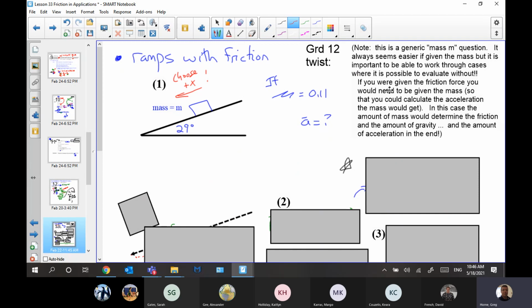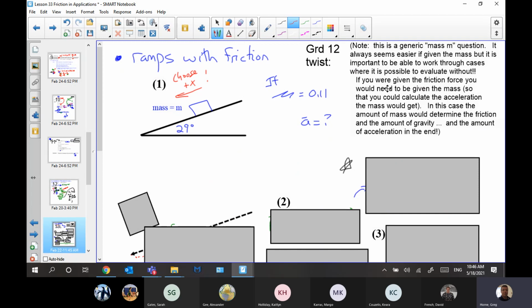And so this is the question where I'm saying the grade 12 twist here is that I didn't give you a mass, right? But that mass doesn't matter. The more mass there is, the more gravity there is, but there's also more mass to try and accelerate. So there's more force, but there's also more mass. So the acceleration result is the same, like all objects fall at the same rate.